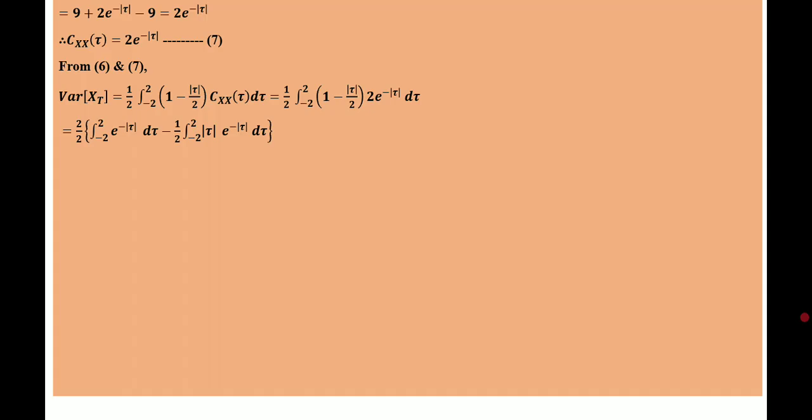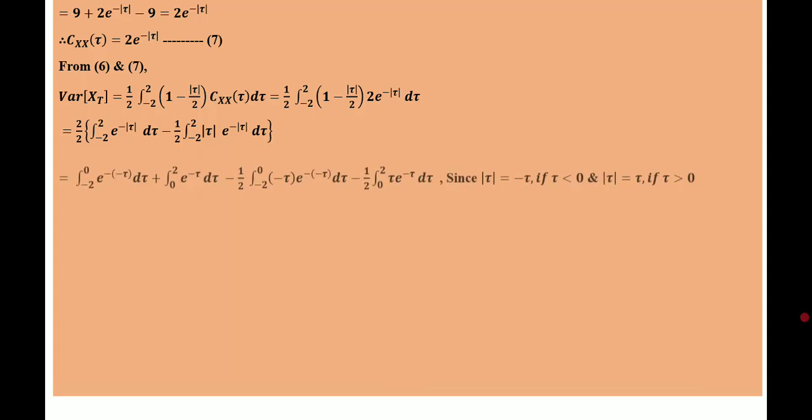First term 1, so 1 into e power minus tau d tau, first integral. Second integral we will get minus, so minus there is tau by 2, so taking 1 by 2 outside, 1 by 2 integral minus 2 to plus 2 modulus tau e power minus tau d tau.